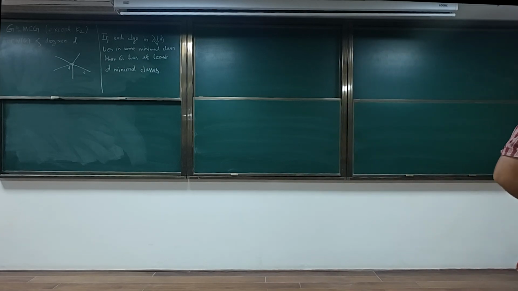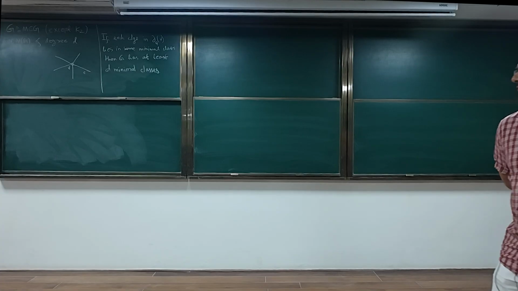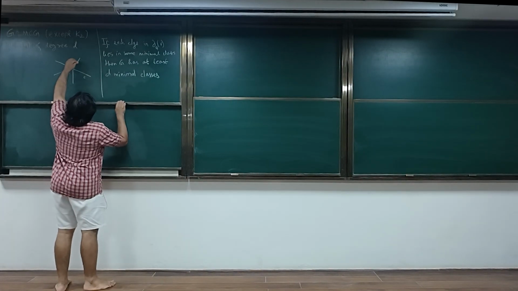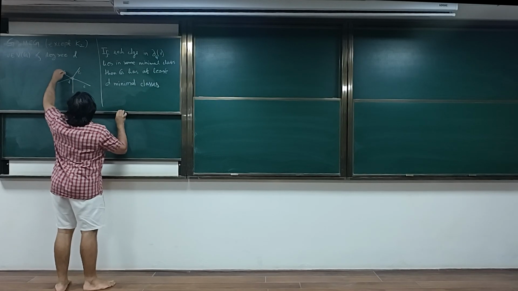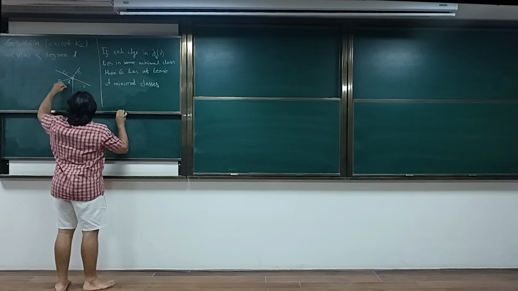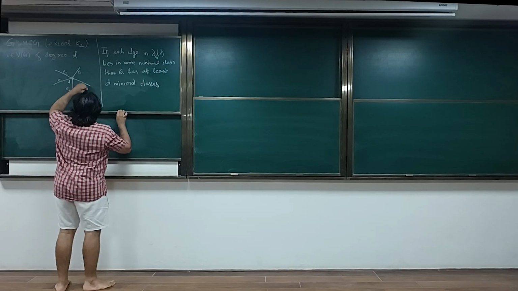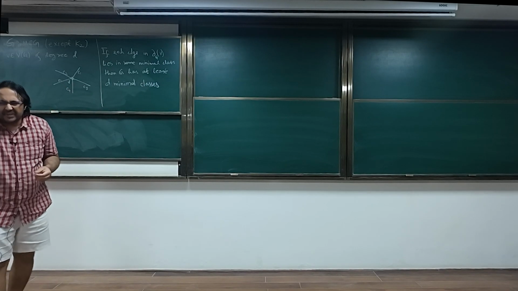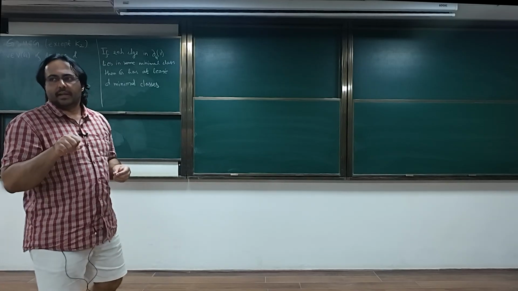Then can you still give me 5 minimal classes? Supposing first 4 edges, E1 to E4, belong to minimal classes, but E5 does not belong to a minimal class.